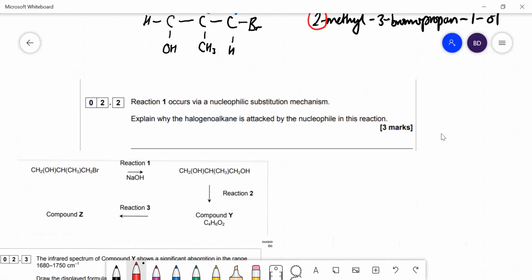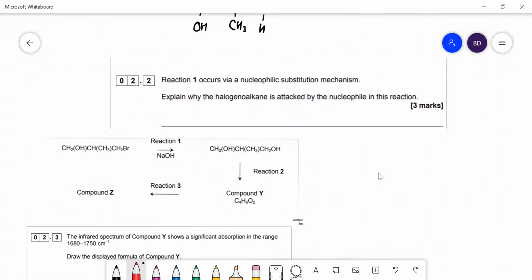So you can see what we've done here is reaction 1. Let's just have a quick look at this reaction scheme, what's going on. Here, we swapped a bromine for an OH, and so that's going to be nucleophilic substitution. Here, if you count up the oxygens, you've got more oxygens and you have actually lost 2 hydrogens as you go from there.